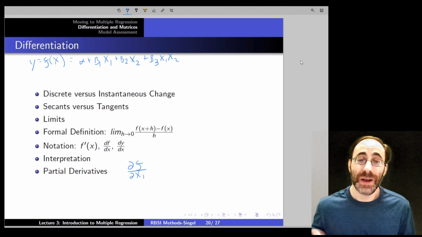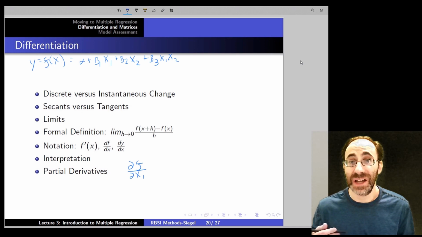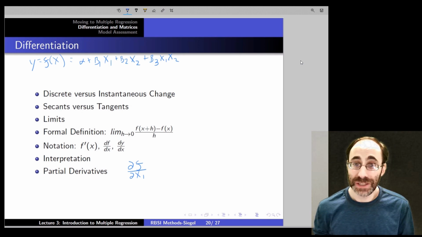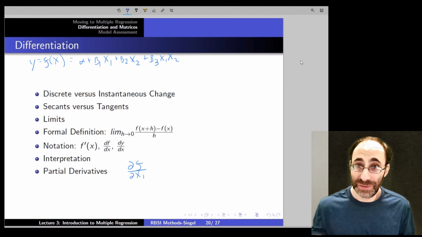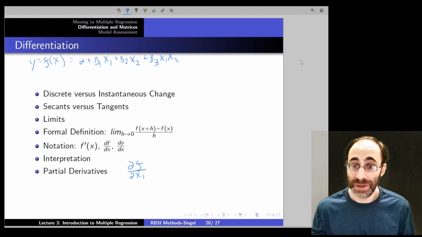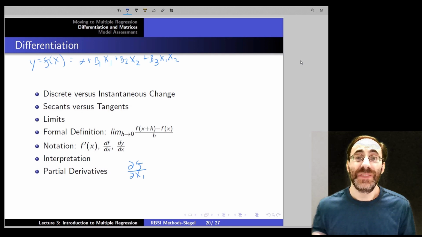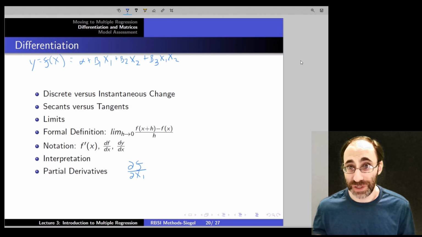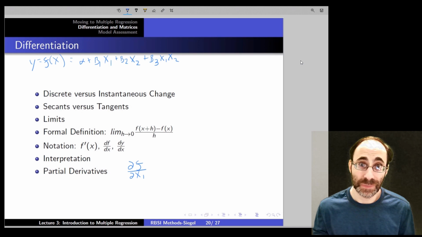You take the derivative of the function with respect to the variable you care about, while treating everything else as a constant. So the interpretation of this partial derivative is the rate of change in the function f with respect to x1, treating every other variable in the function as a constant. That's exactly what we do when we interpret the coefficients in a multiple regression.